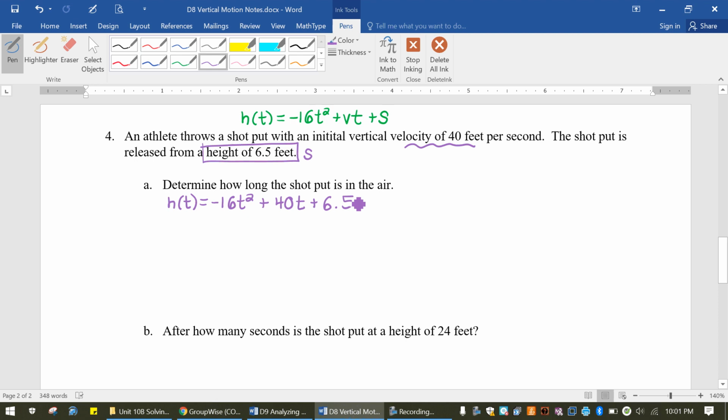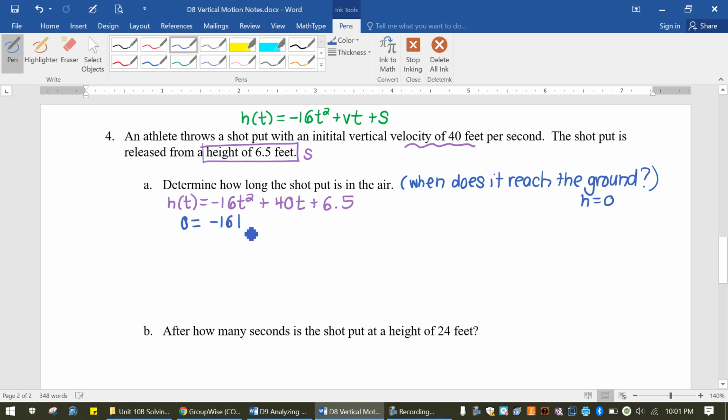All right, so the first question says, determine how long the shot put is in the air. What that really is saying is, when does it reach the ground? And when it's on the ground, it means the height is 0. So we're going to substitute in a 0 here.